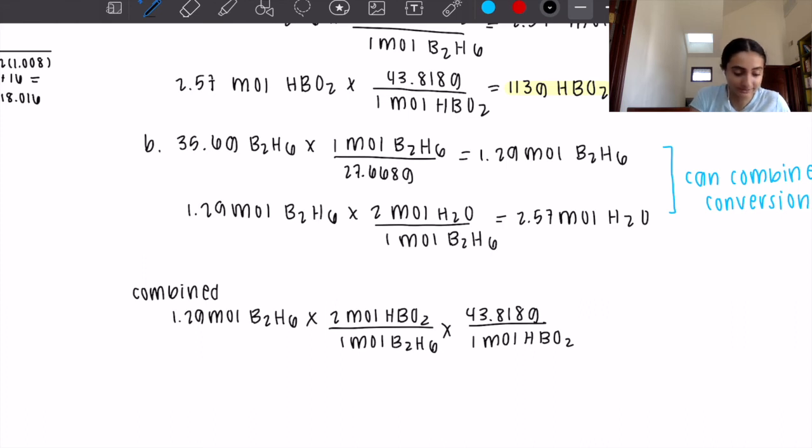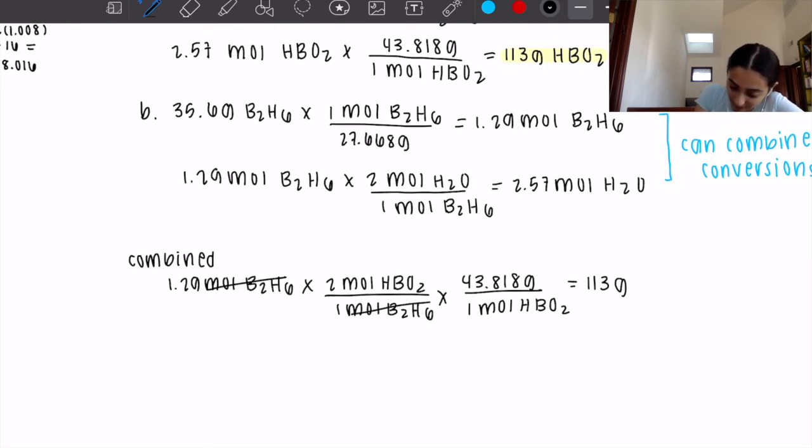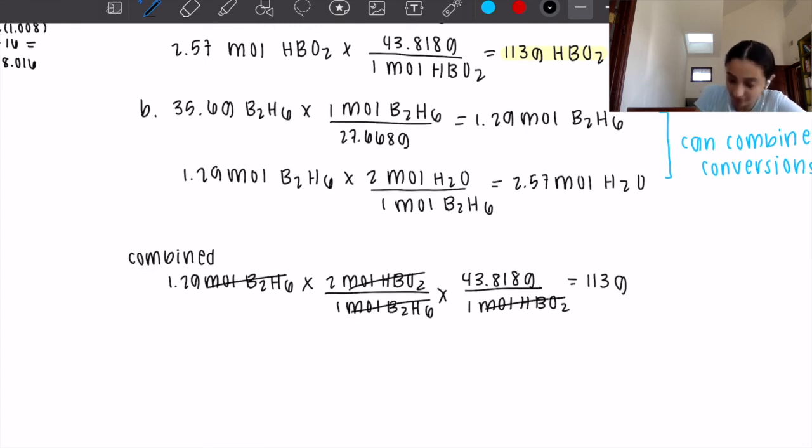And you would still get the same answer of 113. And if you look, these units will cancel out, so you will be good to go.